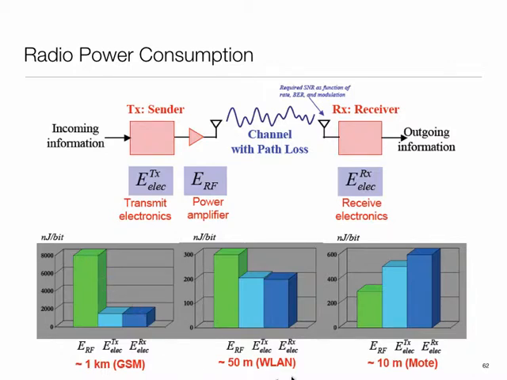If on the other hand I'm looking at, let's say, a wireless LAN, I'm sending over a much shorter distance. My communication algorithms are still of similar complexity. In fact, they may be a little bit higher in the sense that data rates are higher. Wi-Fi now goes up to how much? Anyone? What's the highest rate Wi-Fi currently? 300 megabits?